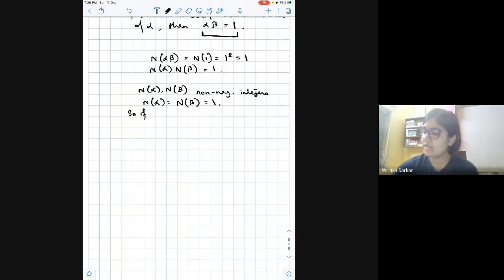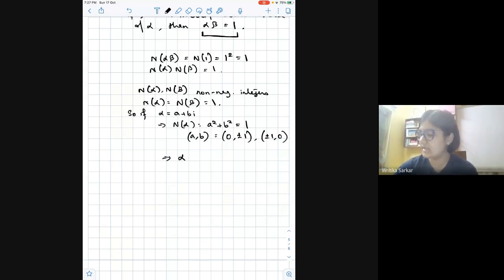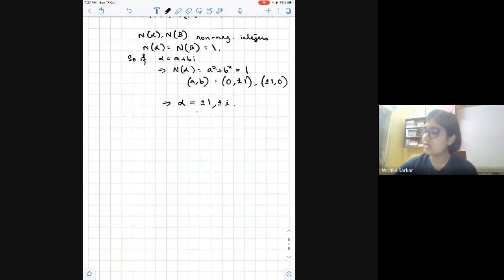If we write alpha simply as a plus bi, then the norm of alpha is a squared plus b squared is equal to 1, and you can easily see that the only possible pairs a comma b are 0 comma plus minus 1 and plus minus 1 comma 0, which shows that the only possible values of alpha are plus minus 1 and plus minus i.